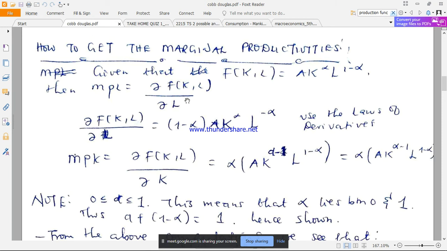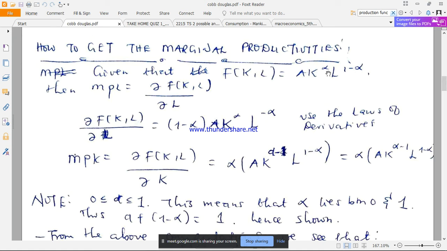So let's start. Given that we have a production function, which in this case is a Cobb Douglas production function, AK raised to alpha, L raised to the power 1 less alpha. In case you didn't get me right earlier, when you add alpha plus 1 less alpha, if you get a 1, you have constant returns to scale.